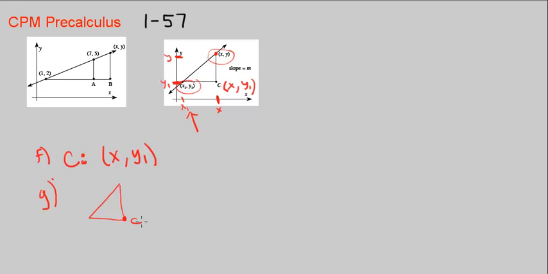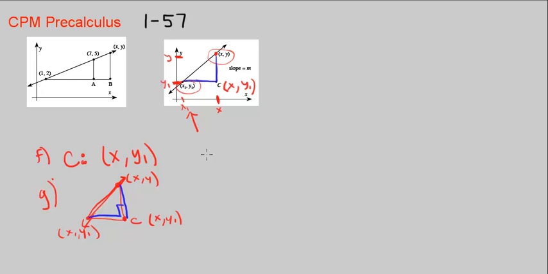We have point C here, we have point x1, y1, and we have x comma y. And we know C is x comma y1. So they're asking us, what are the expressions for the sides of the slope triangle? Well, we know this is the line, going across like that. And so our sides of the triangle are right here and right here. These are just the sides in the diagram.